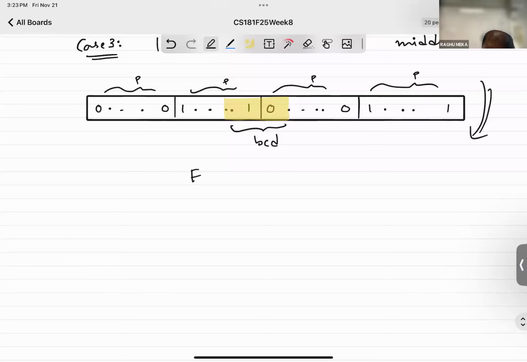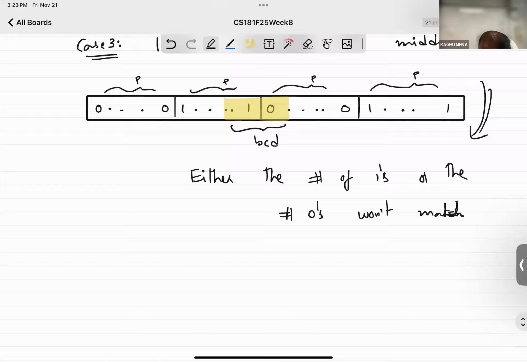Implies either the number of ones or the number of zeros won't match. So if you have to do something like this, make sure that you hit all of the cases, even if the arguments are very similar.